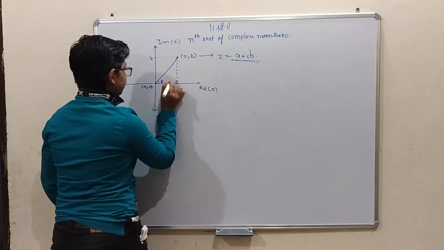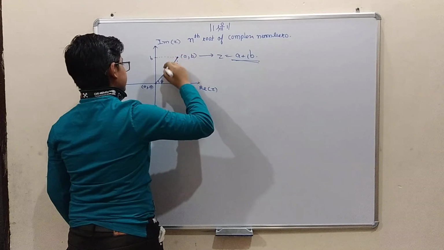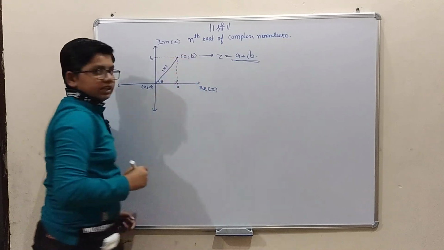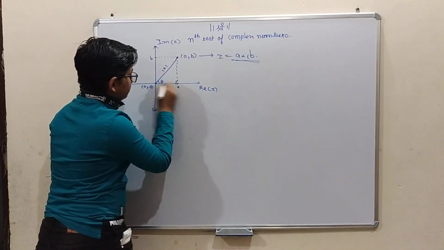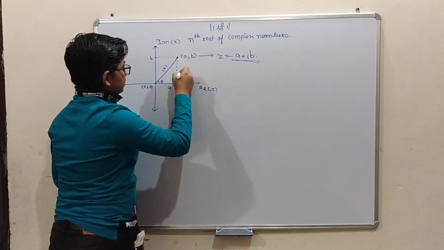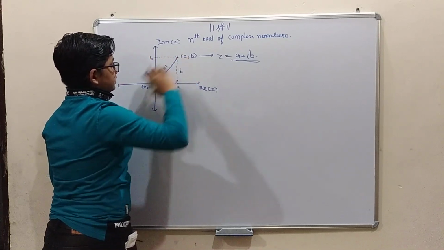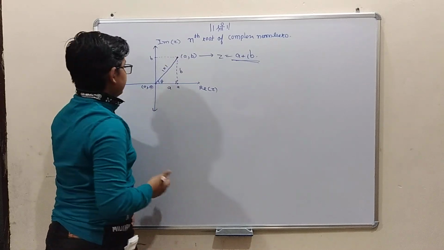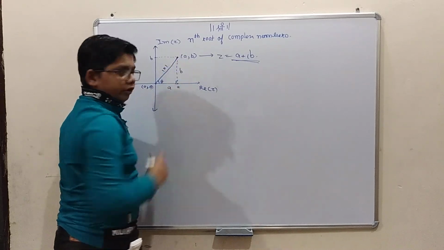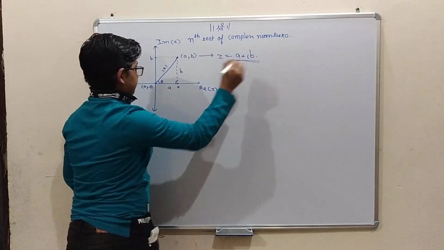This will be theta, and the hypotenuse will be mod of z. This much distance will be a and this much distance will be b. So now we have to find mod of z, that is mod of a plus ib.